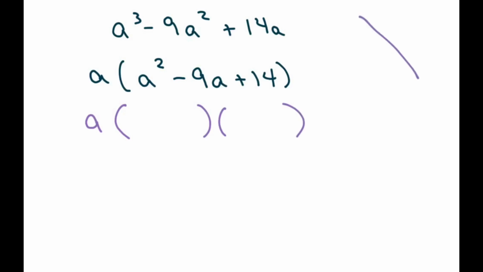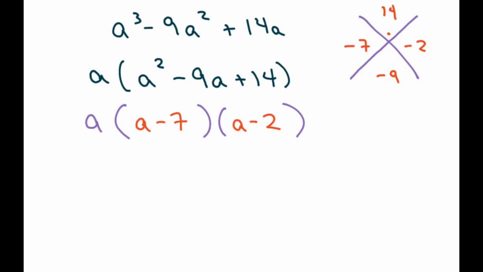And when I do, I want a 14 positive here and a -9 here. So that's going to be -7, -2, because -7 times -2 is 14, but when you add them up, you get -9. So it's just going to be a minus 7 and a minus 2.